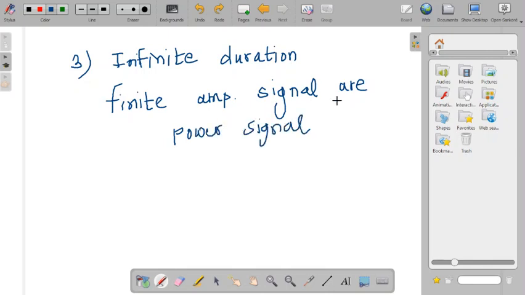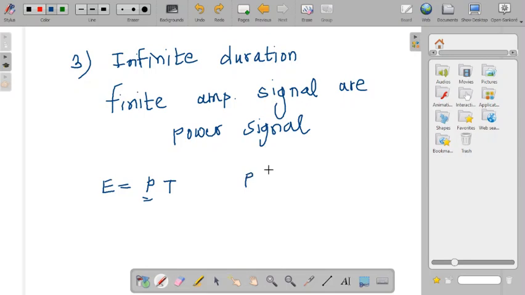So these are the three important conclusions we have to draw. Before concluding, one remark I want to put, which is a very important statement. For every energy and power signal, we have to make use of this formula: energy is equal to power into time. For example, let's say power of a signal is finite. But if we are computing power for an infinite duration signal, then energy will become infinite.